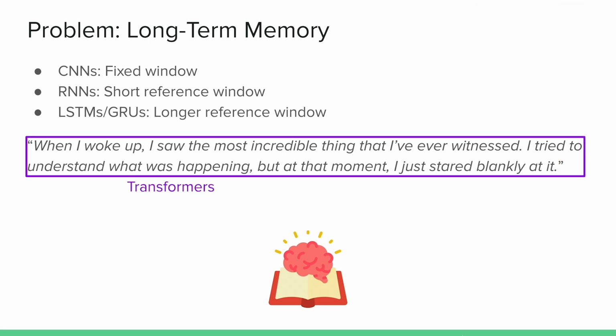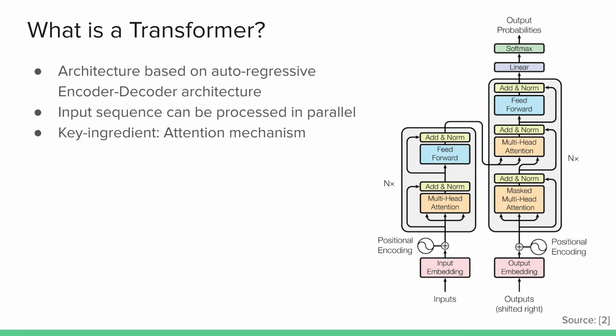So with transformers, we process the entire sentence or the entire input sequence in one swoop. So what is a transformer? A transformer is an architecture that is based on an autoregressive encoder-decoder architecture.